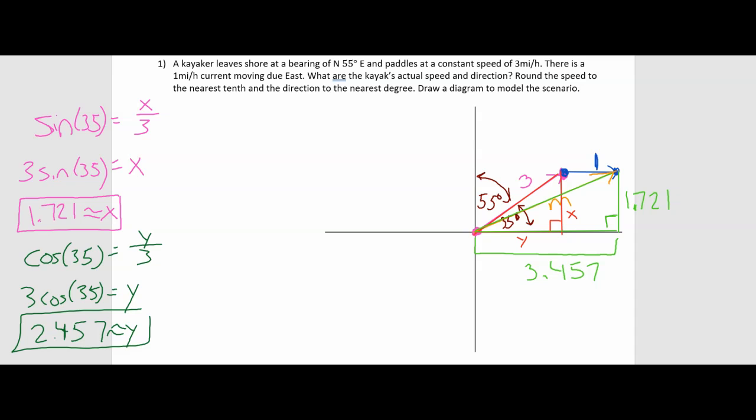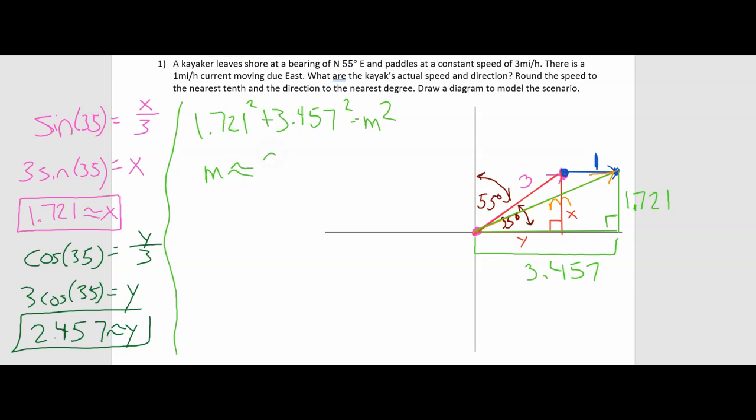And now I can use the Pythagorean theorem to figure out m. So 1.721 squared plus 3.457 squared, that's going to be equal to m squared. I'm not going to write out all the math here. I'm just going to do it on the calculator and put it down.